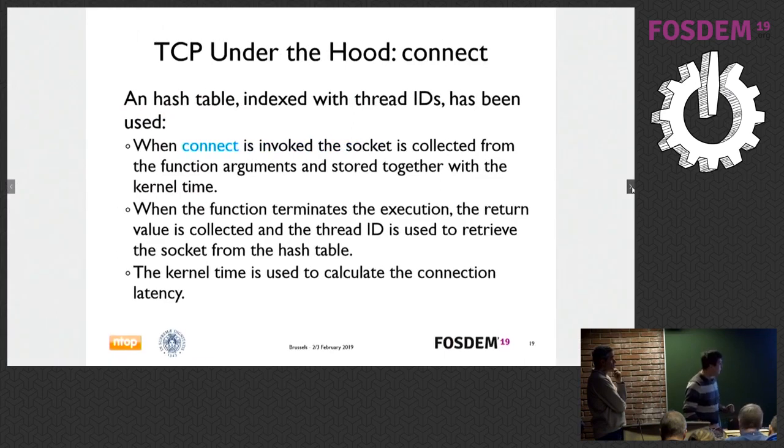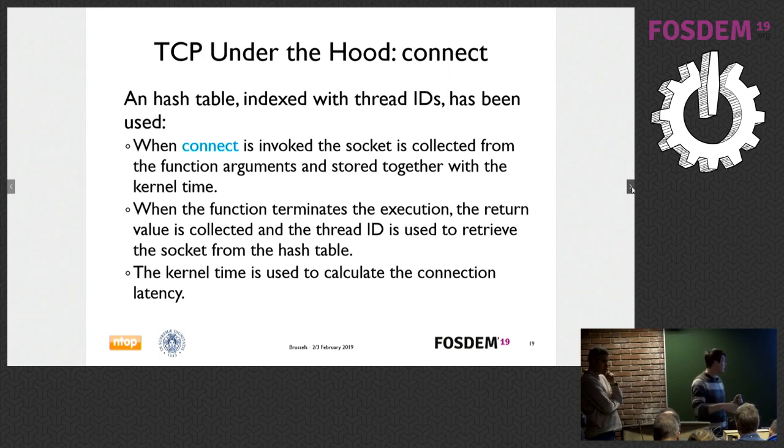But for the connect, it has been more difficult. Indeed, we have to use a hash table because we want to return not only information about the user or the network, but also the return code of the function, to check if it has failed or if it has been successful. So what we have done is attach a probe when the function is invoked, when TCP connect is invoked, and collect the socket that is passed as argument.